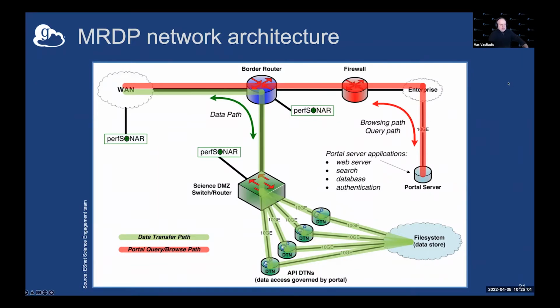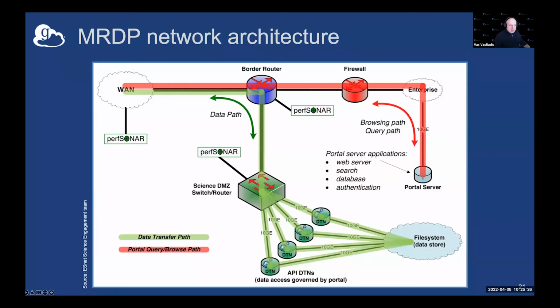So the Science DMZ architecture at a high level looks like this. The key point here is that we create a separate, clean data path for research data to flow. That's the paths in green. The portal, or the application logic, if you will, still resides behind the firewall.